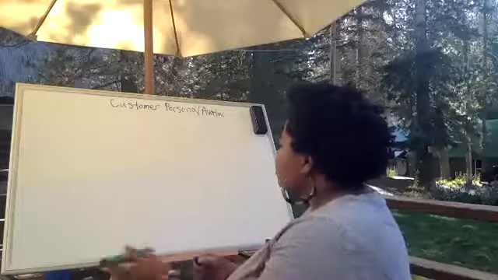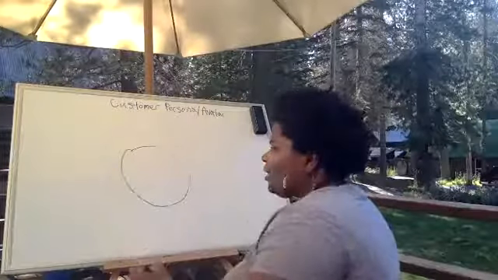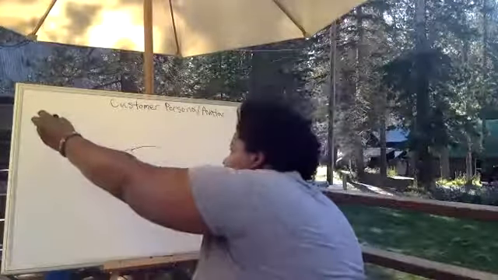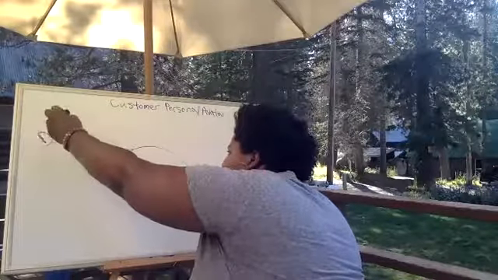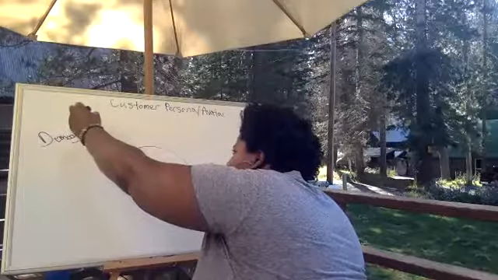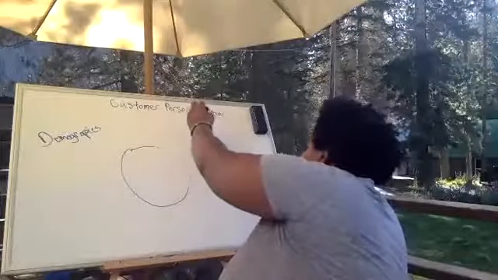Okay, so you want to draw a big whole circle right in the middle of a blank piece of paper. Then you're going to want to write demographics. Okay, demographics and psychographics.